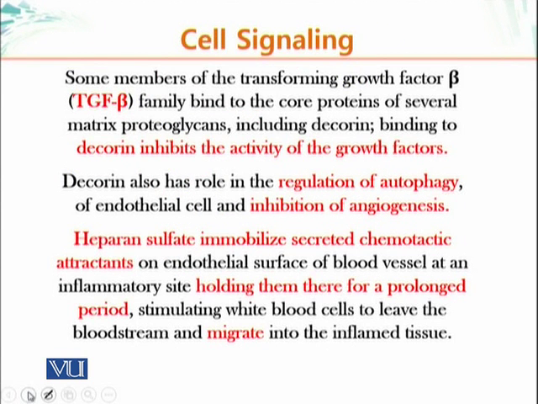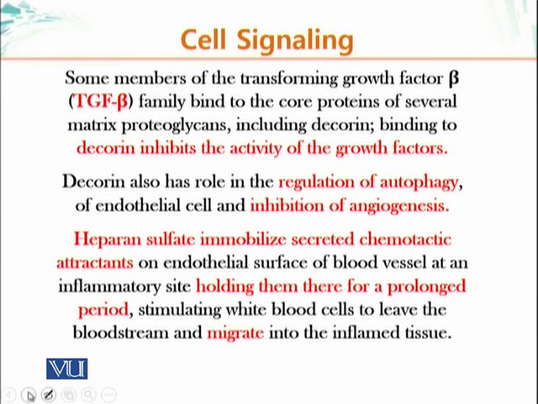Some members of transforming growth factor beta, or TGF beta, bind to the core proteins of several matrix proteoglycans, including decorin. We have talked about decorin as a small protein which has a single GAG, and it binds or basically decorates collagen fibrils. Because of this binding, decorin inhibits the activity of TGF beta.